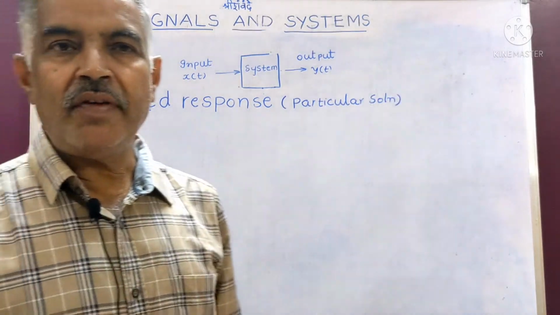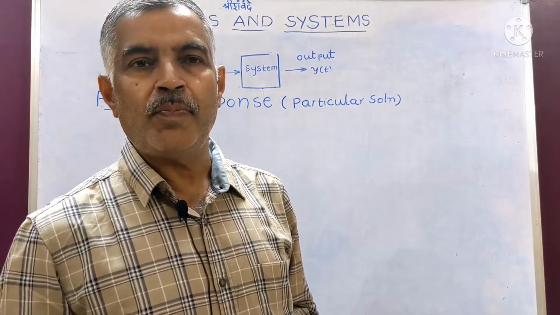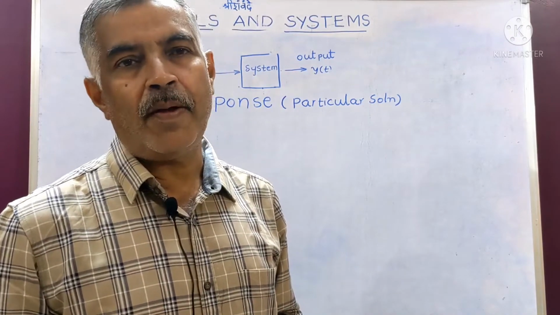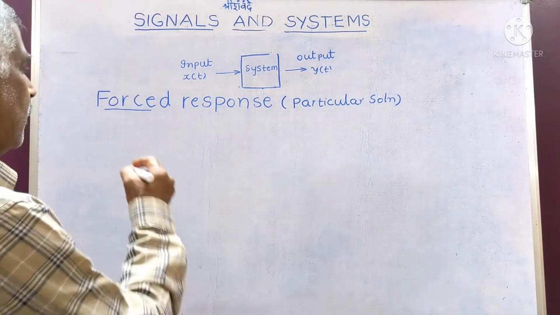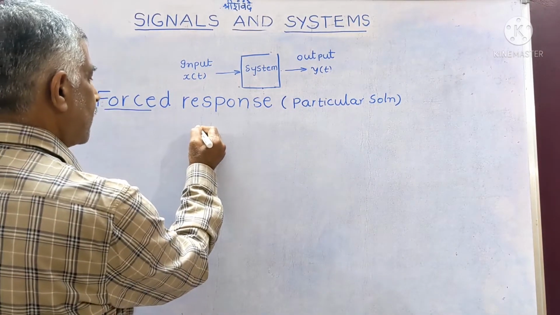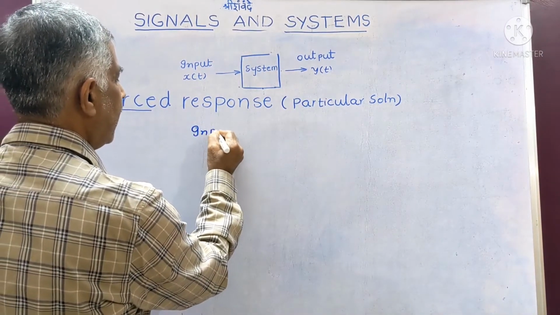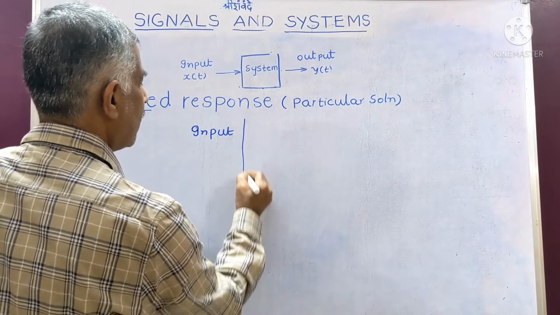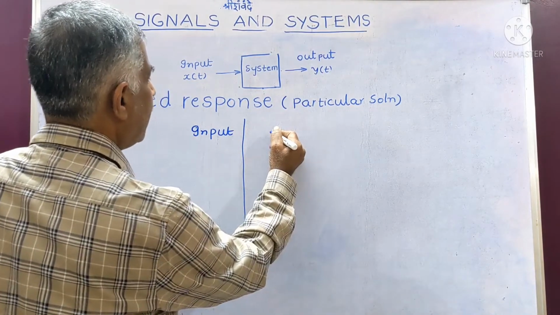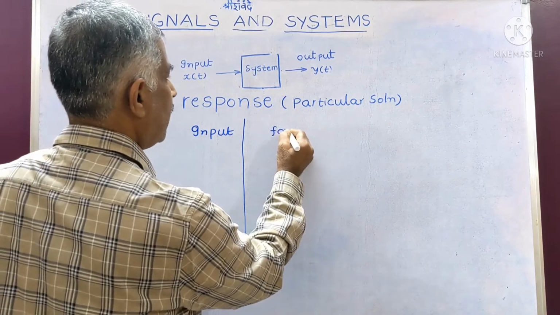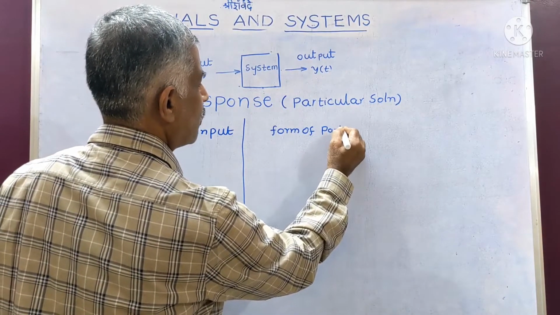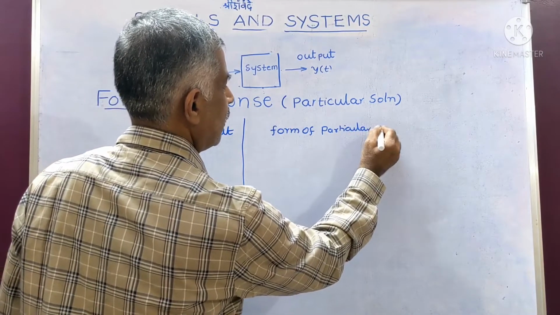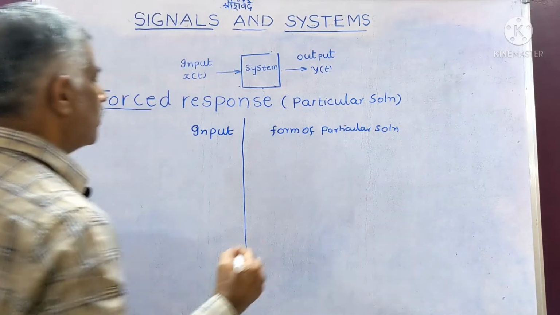So today I will work out problems. Before solving a problem, you must remember a few points. Number one, I will write a table: on one side the input, and on the other the form of particular solution.